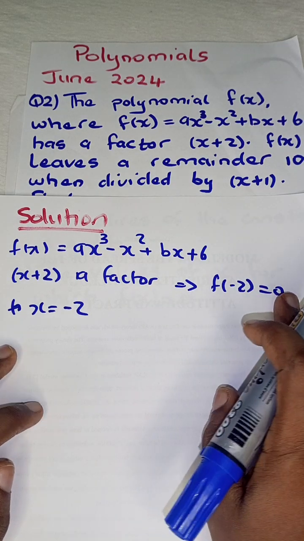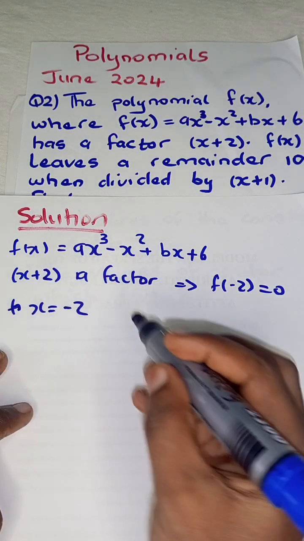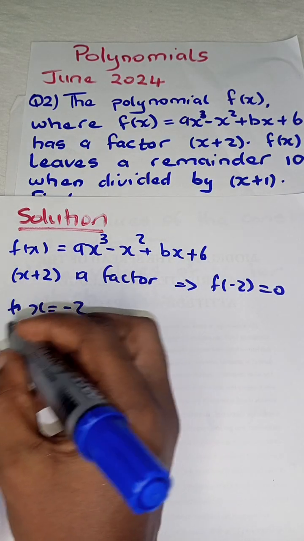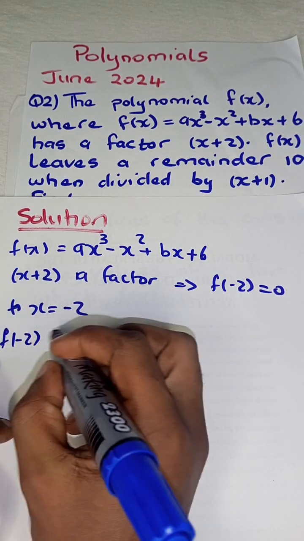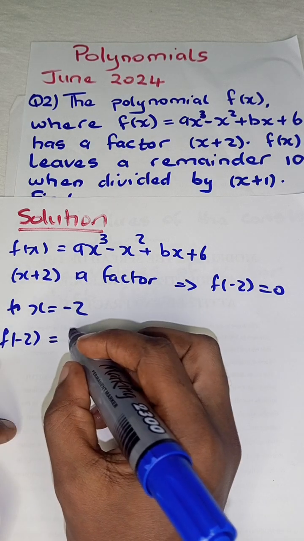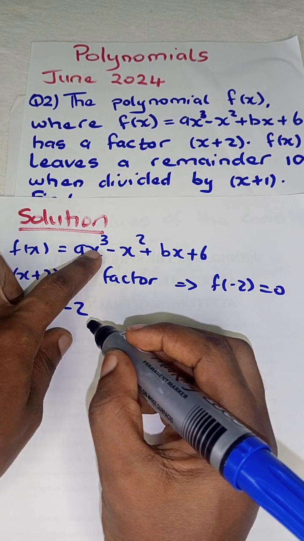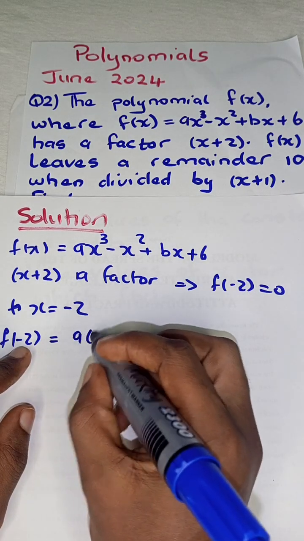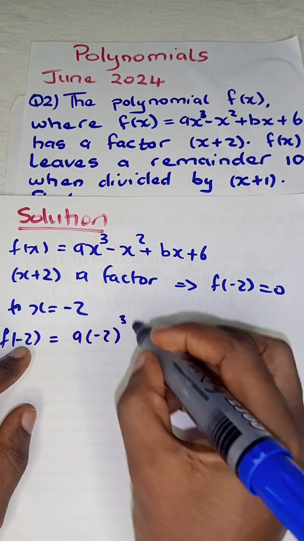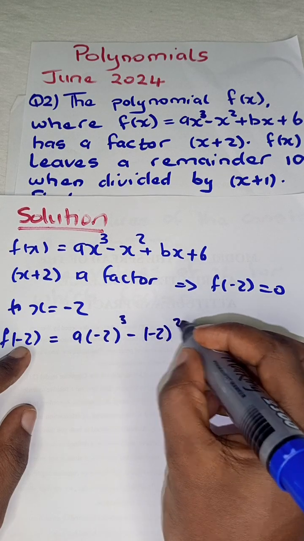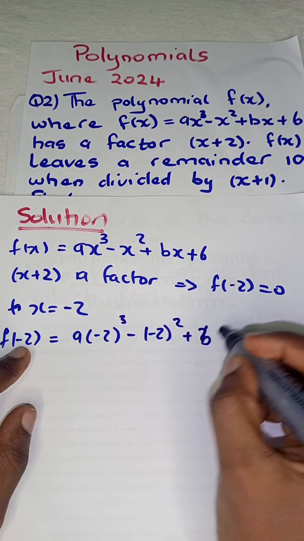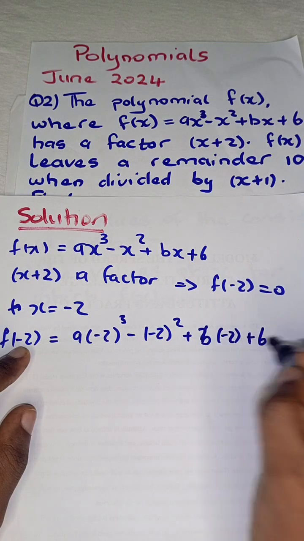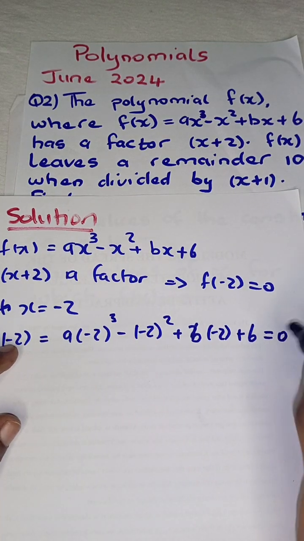So when the question says x plus 2 is a factor, it means f of negative 2 is equal to 0. So let us substitute negative 2 into the equation f of x. Anywhere you see x, you replace it with negative 2. So we are going to have a times negative 2 cubed minus negative 2 squared plus b times negative 2 plus 6, and this should be equal to 0.